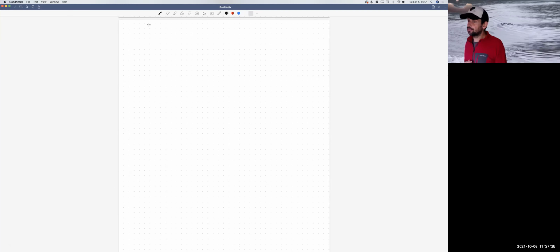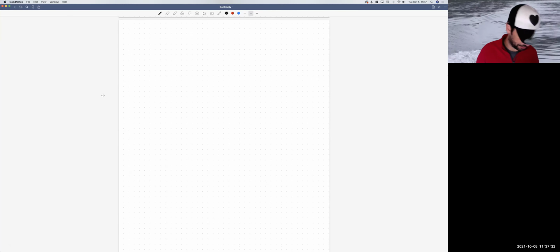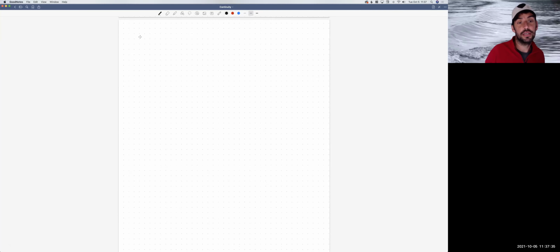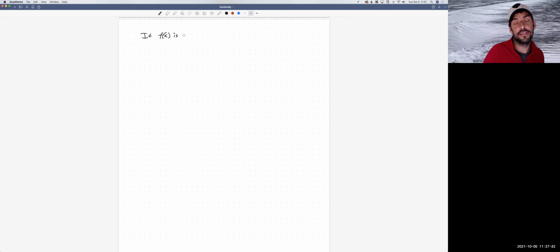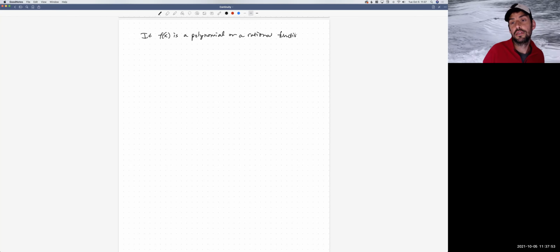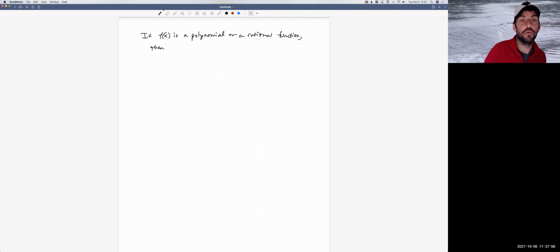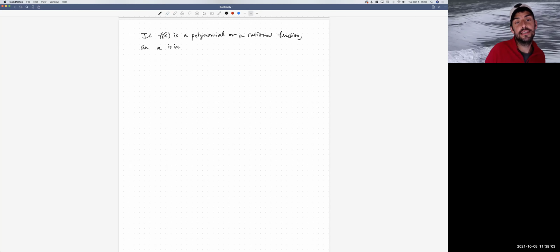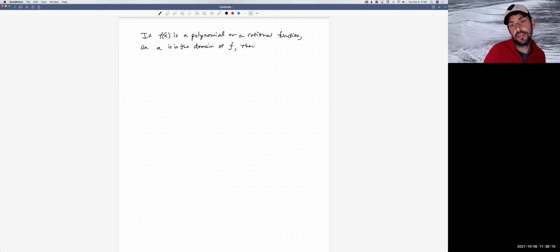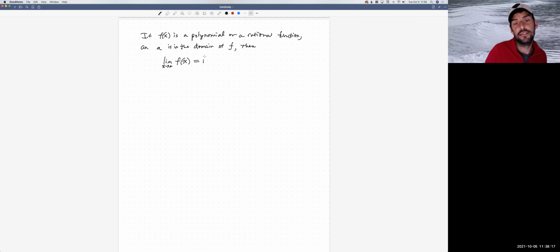One of the facts that we talked about when we were discussing the limit laws in some previous videos is that if f of x is a polynomial or a rational function, and a is in the domain of f, then the limit as x goes to a of f of x is equal to f of a, right?